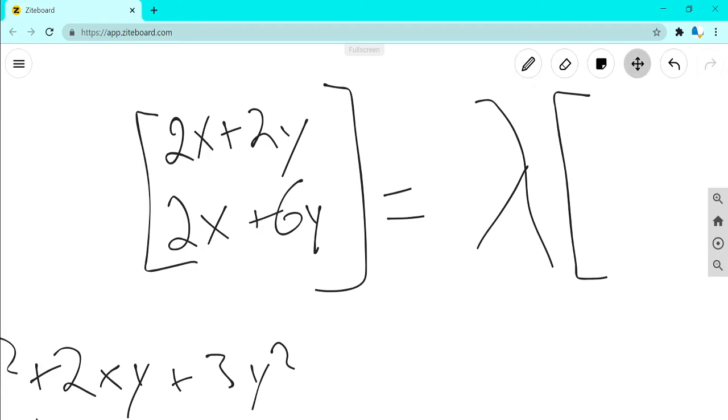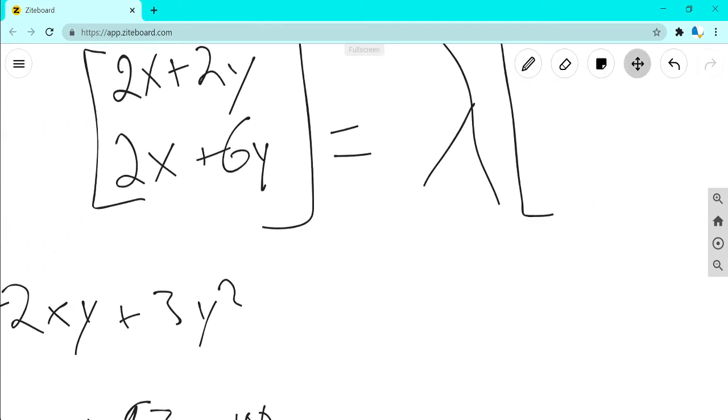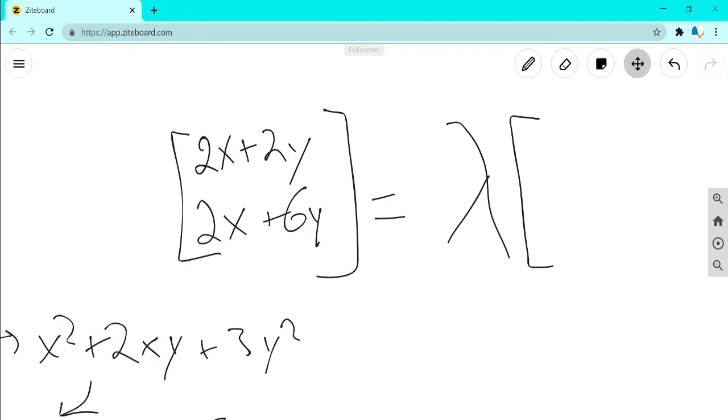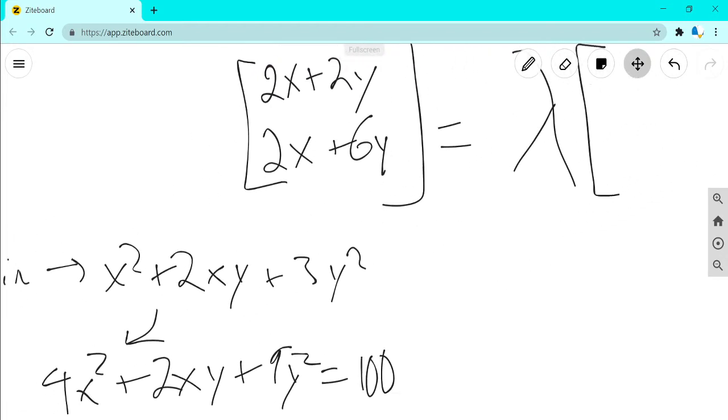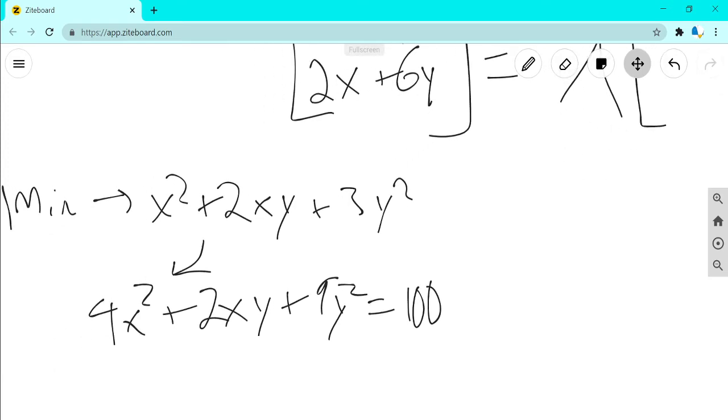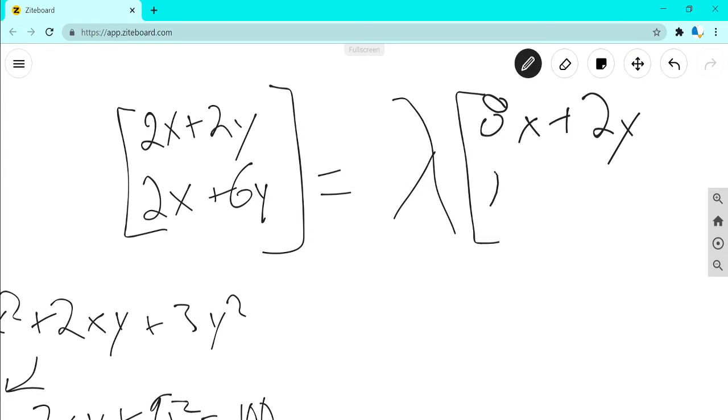Lambda is basically just a constant, and really it's just some notation. You can do it without it if you don't want to get involved, because it could sometimes confuse you. Basically this is a vector, and the second vector is going to be the partial derivatives of the constraint. So that's going to be 8x plus 2y, and with respect to y, it's going to be 2x plus 18y.